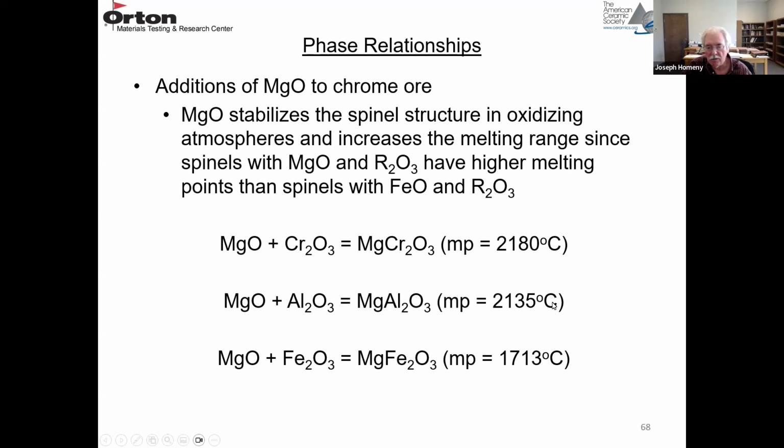It melts at 2135 degrees C. And then this one is the lowest melting one, MgFe2O3. It melts at 1713 degrees C. Still a pretty high temperature. So any of these three spinels can form when you add MgO. They're all high melting. And again, the MgO removes the low melting silicates.